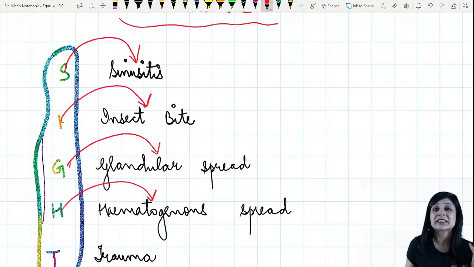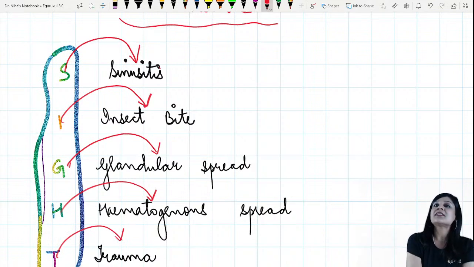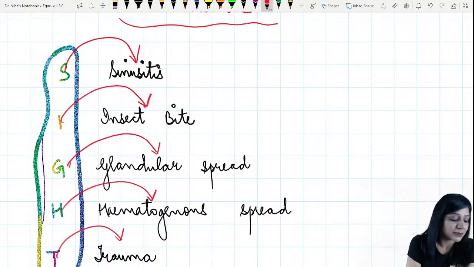Blood spread can also happen, there can be sepsis. And T for trauma. Trauma is a funny thing because trauma is not related to anything and trauma can cause anything. I say this even when I teach cataract, that the most common cause of cataract is actually senile cataract, but after the senile cataract, any other cataract which is common is trauma. Any age, unilateral, bilateral, anything can occur, right?